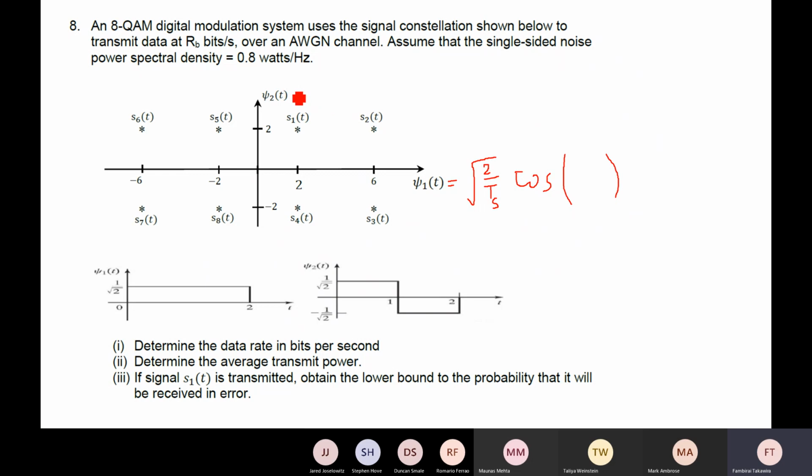And this one here would also be the same. It would have a root of 2 upon Ts and it will then have a sine, and this would essentially be 2 pi fc t again. So essentially, those are our 2 basis functions.